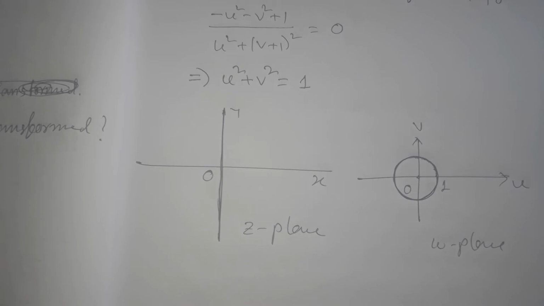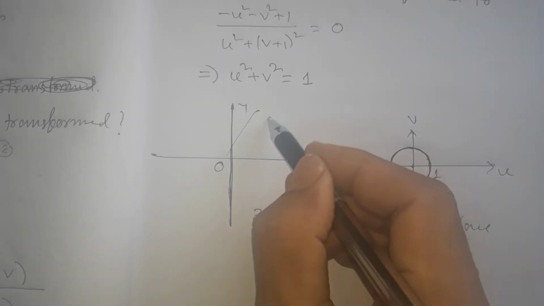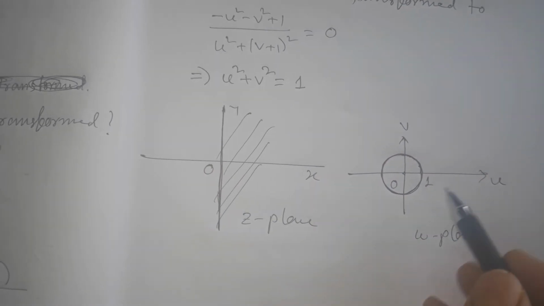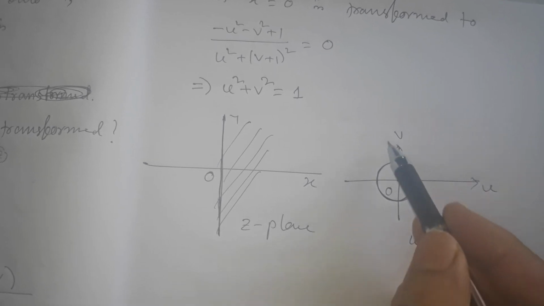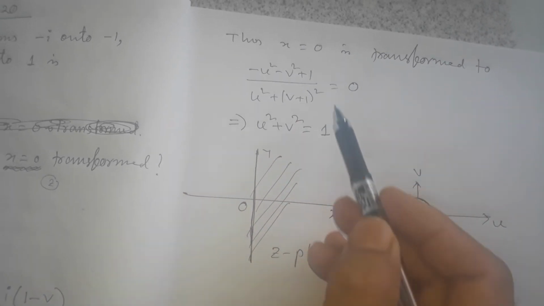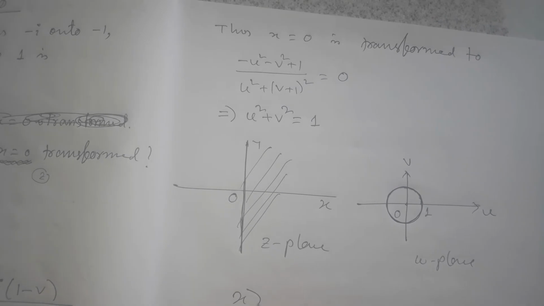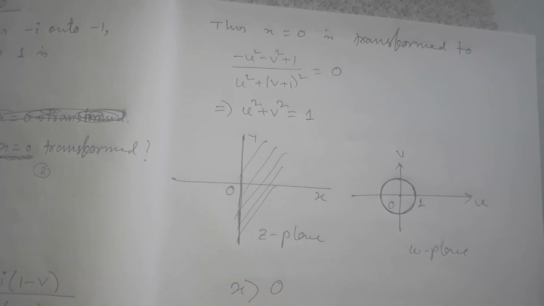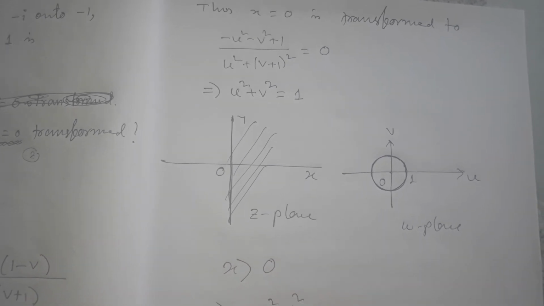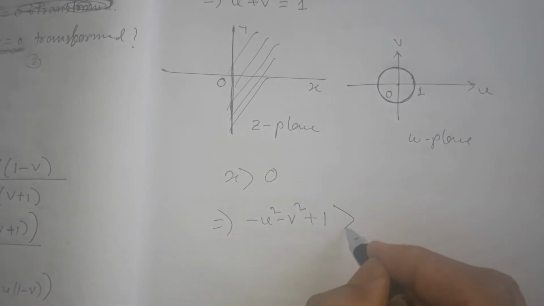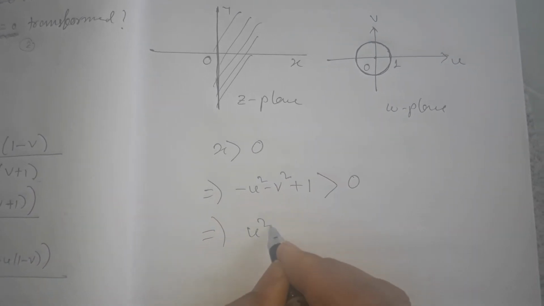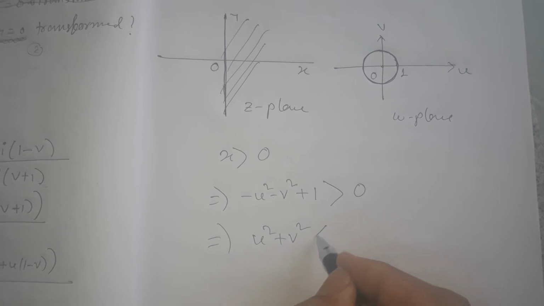Similarly you can show what would be the right part. Will it be the inside points or outside points? You can easily get it from here, because if x is greater than 0, this implies that minus u square minus v square plus 1 will be greater than 0, and that implies that u square plus v square will be less than 1.